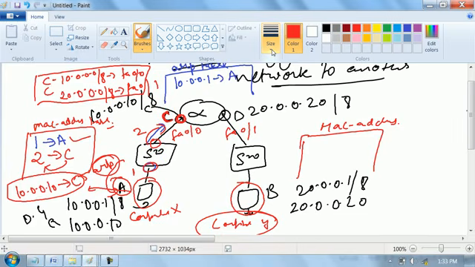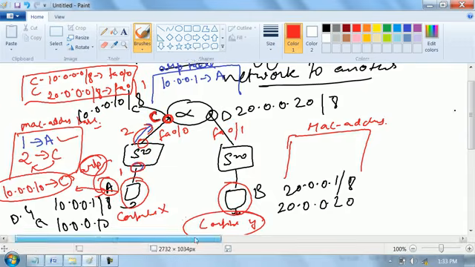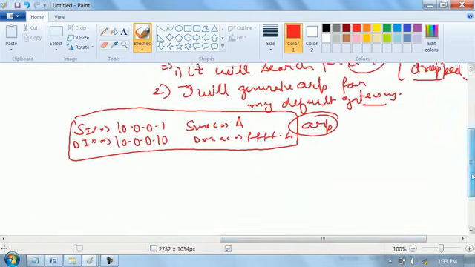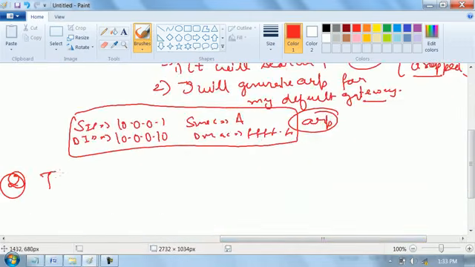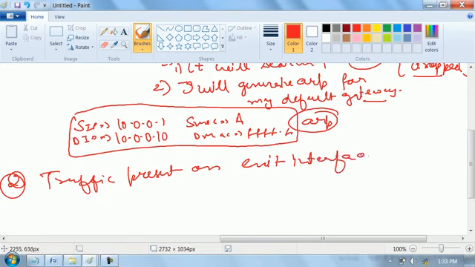Now traffic is on which interface? Exit interface. Agree? Now traffic is on which interface? Traffic is present on exit. Any problem to anybody? No.